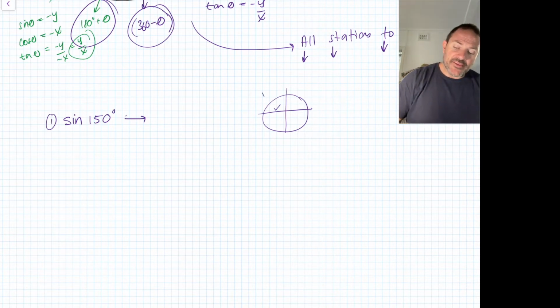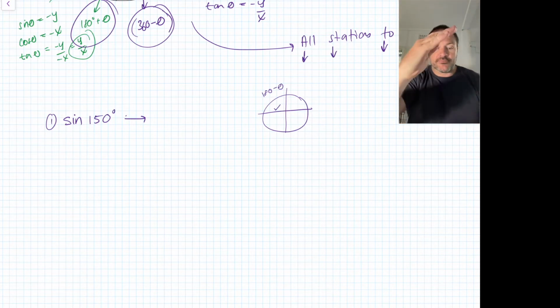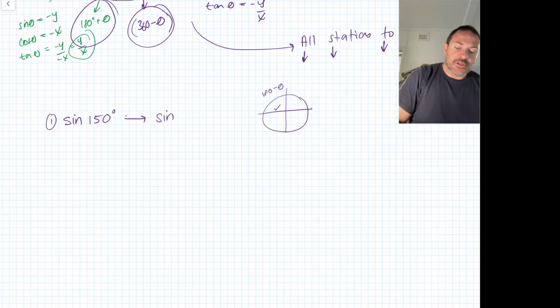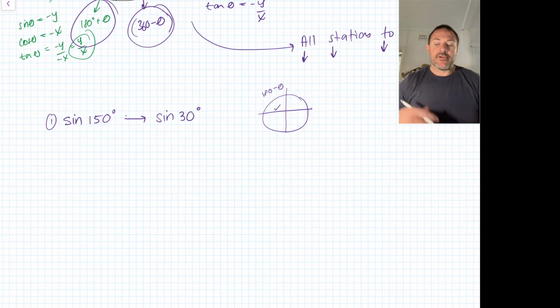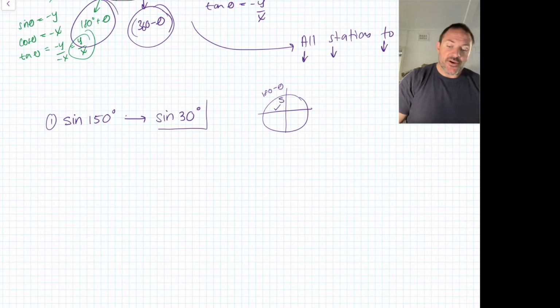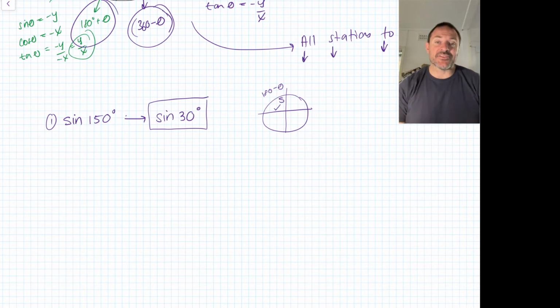We know that this quadrant is called the 180 minus theta, which means this will have the same value as sine 30 degrees because 180 minus 30 is 150 degrees. We also know in that second quadrant that sine is positive. So it means that sine 150 will be exactly the same as sine 30.